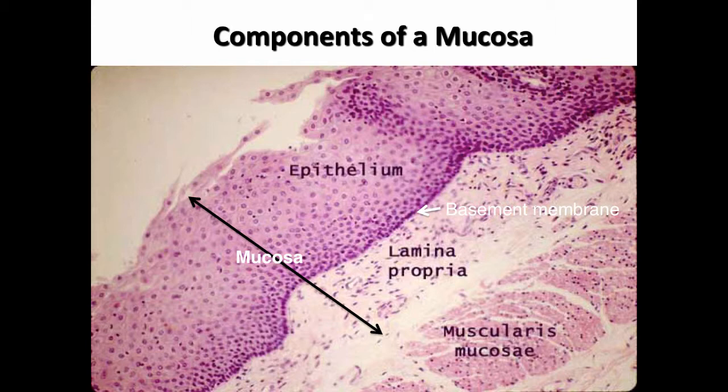All open eventually to the outside of the body, and are all lined with a wet epithelium. In the digestive system, we consider a thin layer of smooth muscle underlying the lamina propria, and this is called the muscularis mucosa, and we consider that as part of a mucosa.